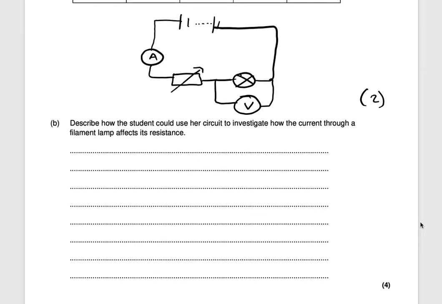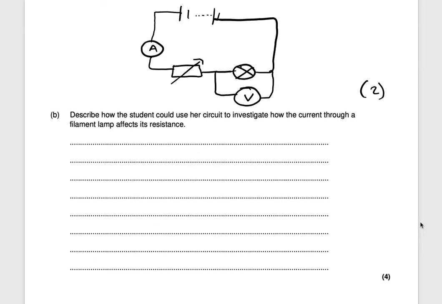Describe how the student could use her circuit to investigate how the current through a filament lamp affects its resistance. So 2 easy marks that you can easily get is that you could measure the current through the filament lamp. So use the ammeter to measure current through filament lamp.